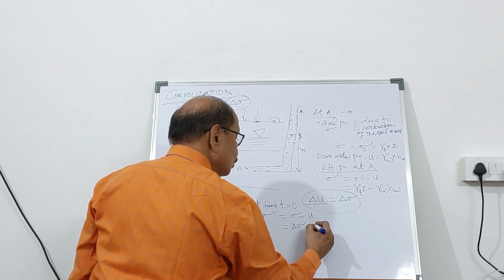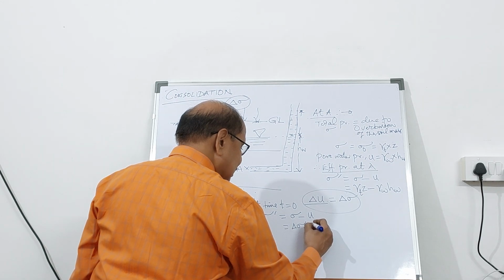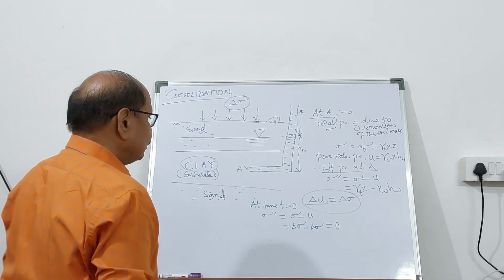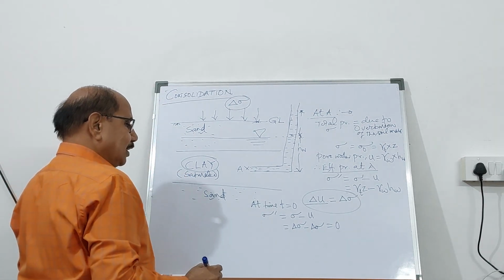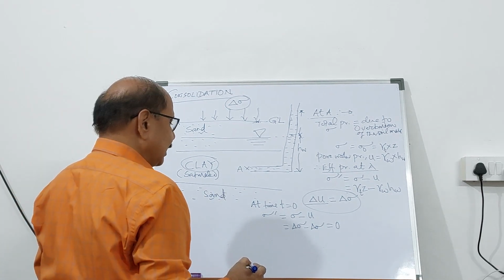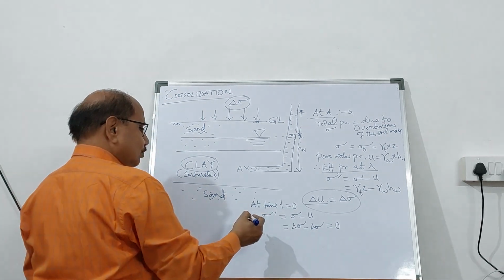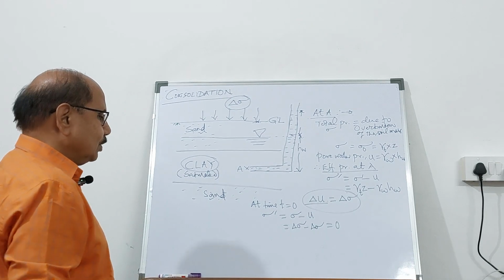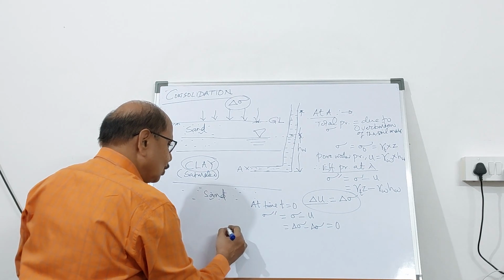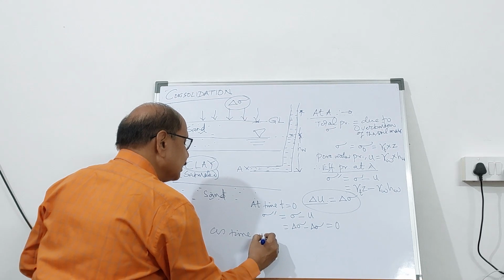And U, the increase in pressure, is also delta sigma. So the effective pressure becomes 0. The total pressure increases, but the effective pressure is 0 at t equal to 0, and it changes as time increases.